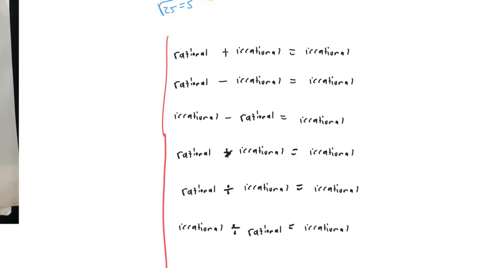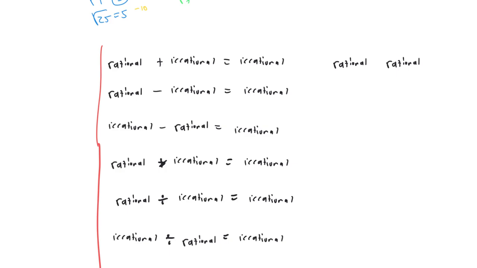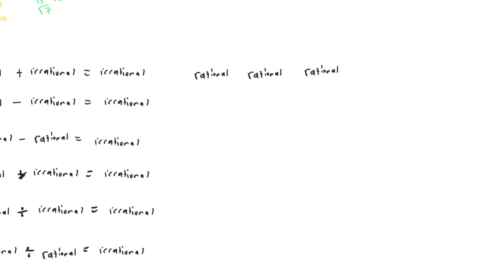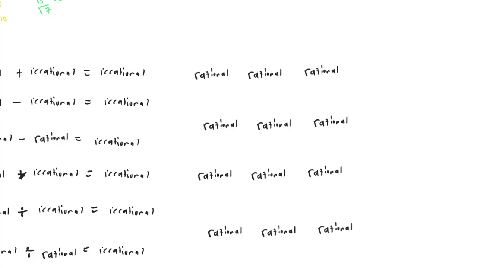Now, we should also note that anytime you have rational numbers to deal with, we should look at that. And we're going to look at that right now. So imagine you're only dealing with rational numbers. Well, there's a few scenarios to take into account. If you do a rational number plus another rational number, you're going to get a rational number.